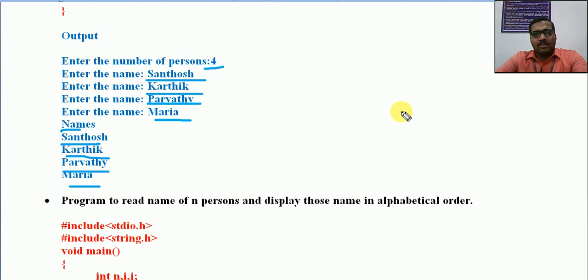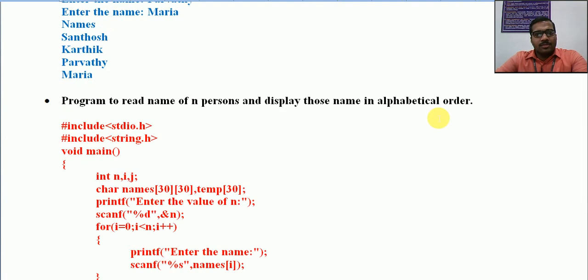Let us look at one more program related to 2-dimensional character array. Now this is a program to read n persons, the same thing as in the previous example, and the only difference is to display those names in alphabetical order. So 5 names are given, the names to be displayed in alphabetical order.